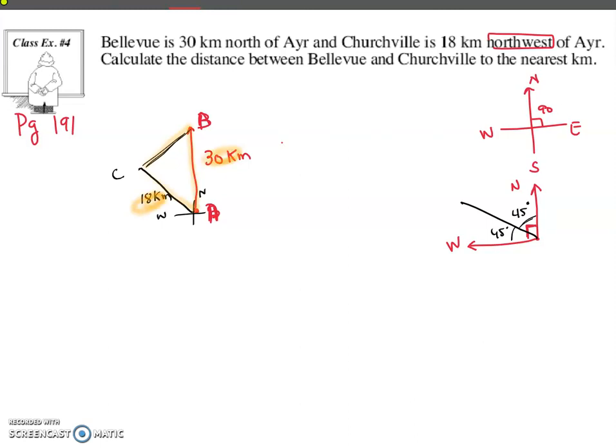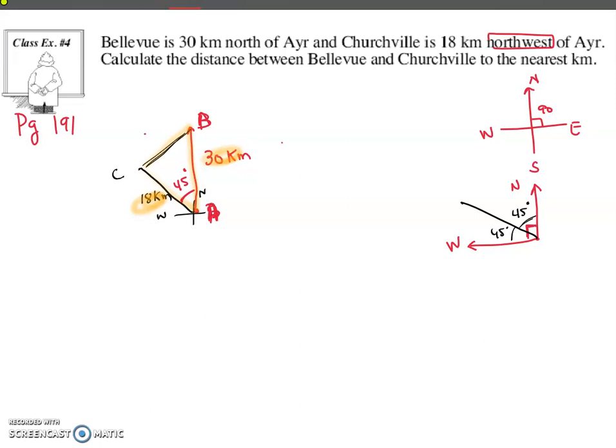And because I know this angle here would be 45, because that's what the angle in each section of northwest would be, now I know these angles, I know this triangle. So again, if you go through your list, no SOHCAHTOA because it's not a right angle, can't do sine law because I don't have pairs, and I can do cosine law because I have two sides and the enclosed angle. So it's already set up for us.